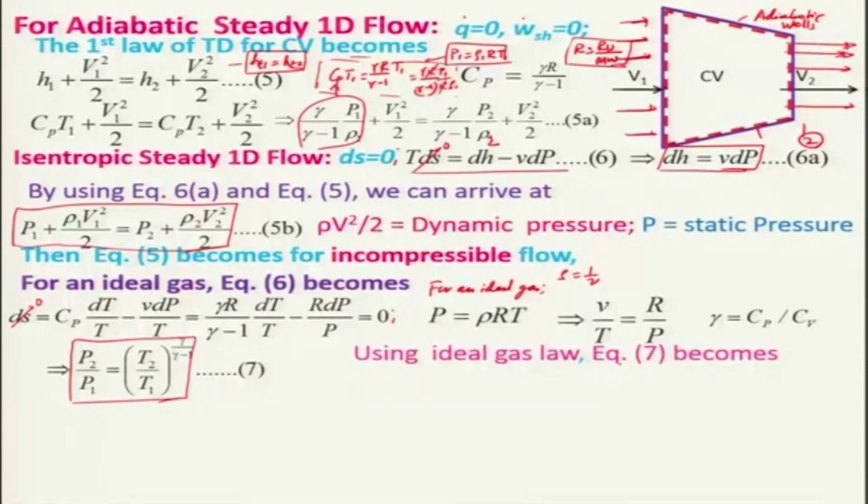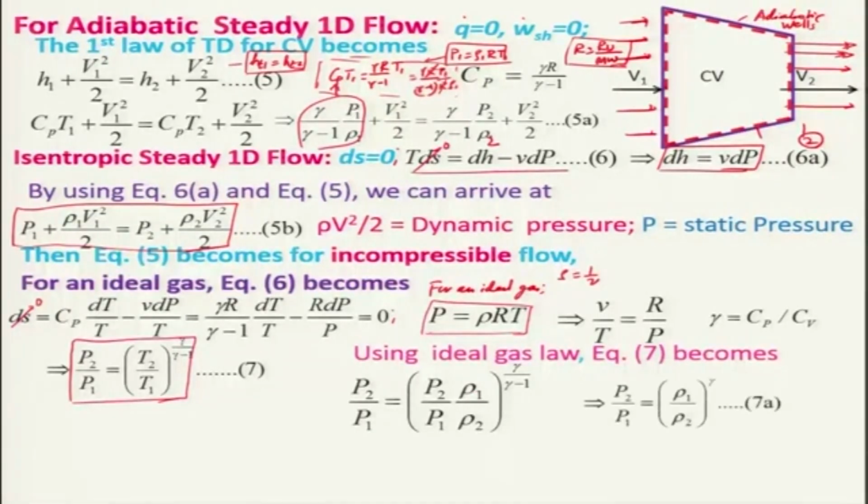And using the ideal gas law, equation 7, T2 by T1 you can write down as P2 by rho 2 divided by P1 by rho 1, and from this you can separate out P2 by P1 and rho 1, rho 2 separately, and get an expression that P2 by P1 is equal to rho 2 by rho 1 to the power gamma.